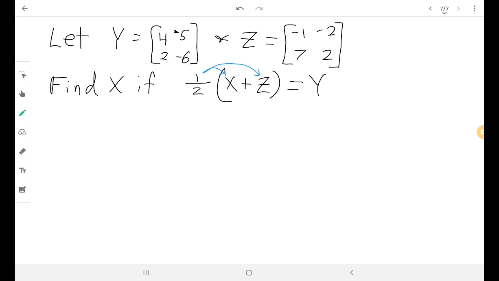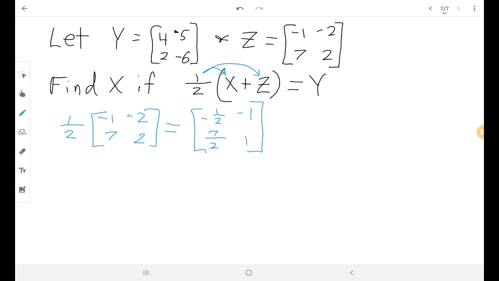So you could distribute this 1/2. But I want you to notice something. If I do that, that means I'm going to have to do 1/2 times matrix Z, which is going to wind up giving me -1/2, and it'll be -1, and then 7/2 and 1, which isn't impossible to deal with, but it's somewhat ugly.